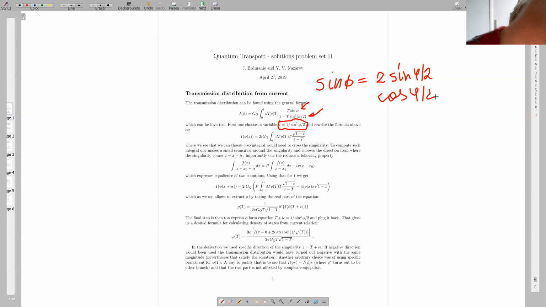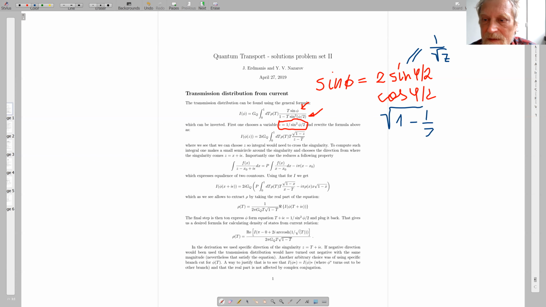Right, and that becomes, let's see, z is 1 over sine squared, so it's 1 over z, and that is the square root of 1 minus sine squared. So that will be like this, cosine. Okay, we combine it and we arrive at this expression.